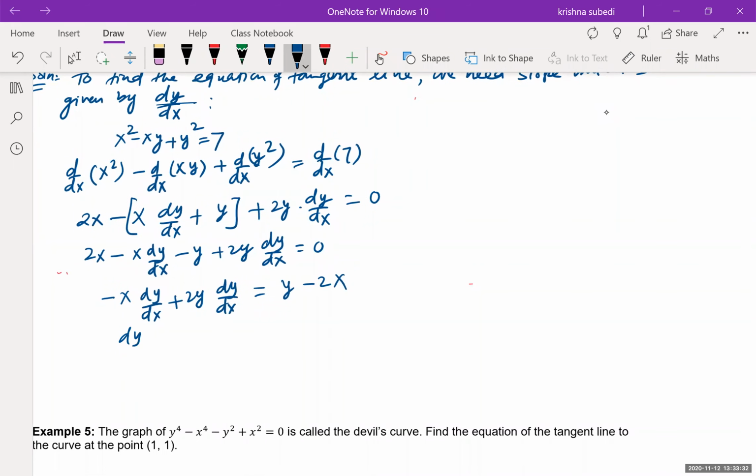Now factor out dy over dx so that you'll get 2y minus x, or minus x plus 2y, equals y minus 2x. So your derivative dy over dx equals y minus 2x over 2y minus x.